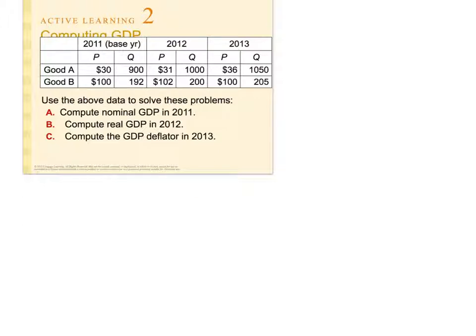So compute nominal GDP in 2011. So remember, nominal GDP is just price times quantity. So I'm going to say nominal is equal to price times quantity plus price times quantity. I'm going to do that for 2011 because that's what they're asking me for. Notice the setup here is a little bit different. The goods are now over here in the rows, and the prices are up top. So I want to make sure I stay in the right year.